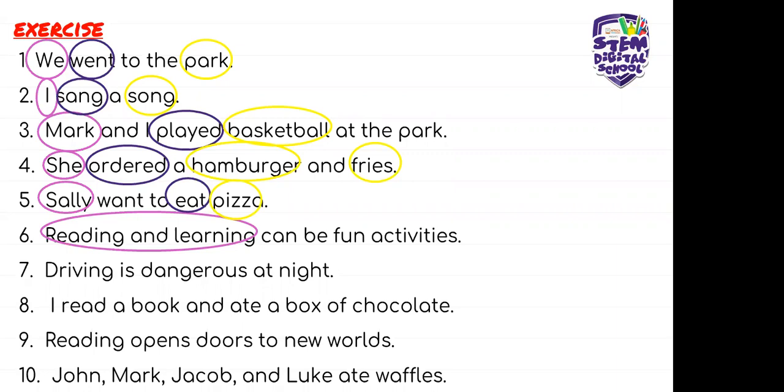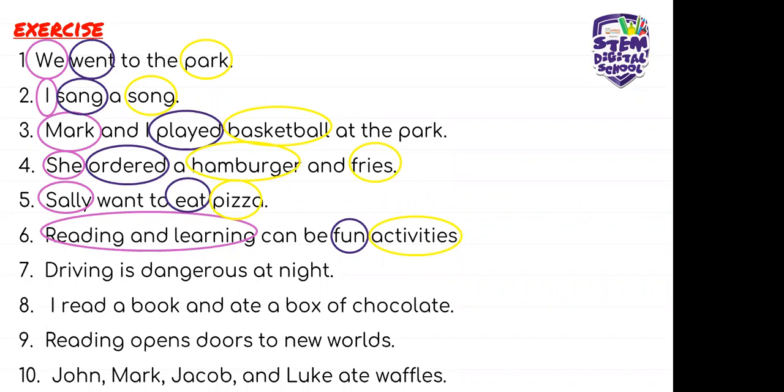Reading and learning looks like the verbs, but those are in fact the objects. Fun is the verb and activities is the object.